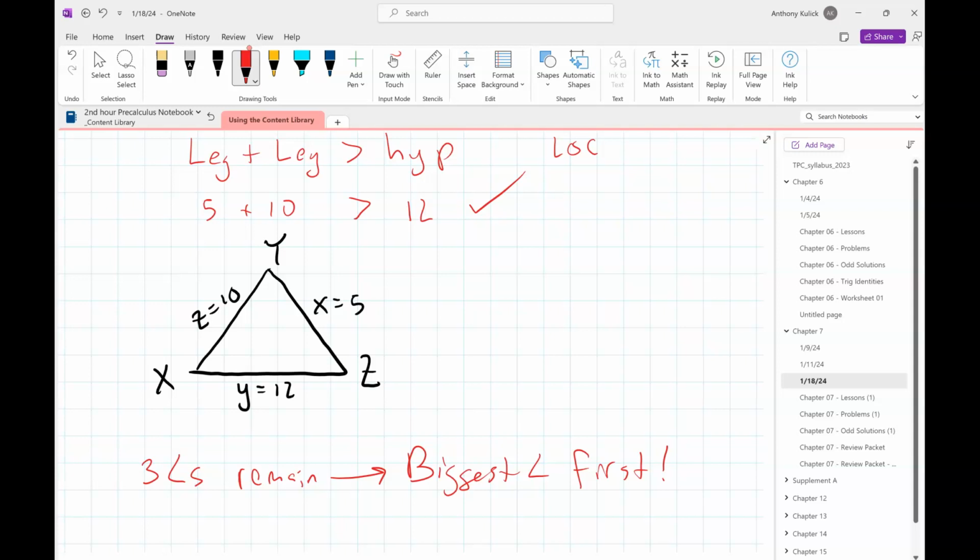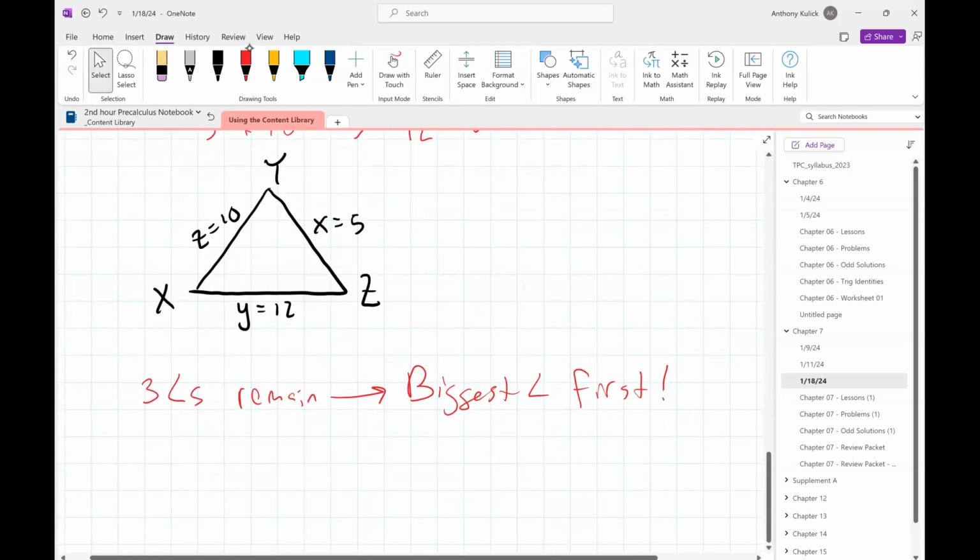Correct. How do I know it's Y? Not because of looking at the picture. I drew my picture not to scale. It's because it's opposite the biggest side. So the side length is going to tell you the biggest angle also. Cool?